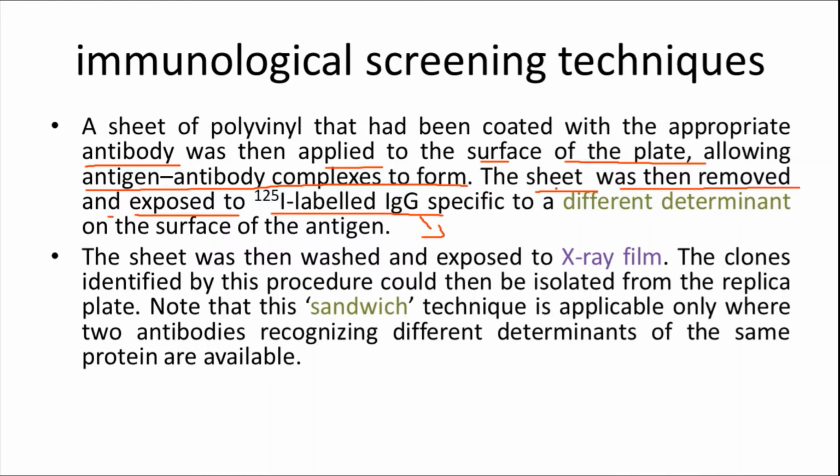So we can easily determine the antigen on the surface, and we can easily identify the clones, whether it is a clone or a recombinant, whether its gene is expressed, and whether the protein is there in the cell.